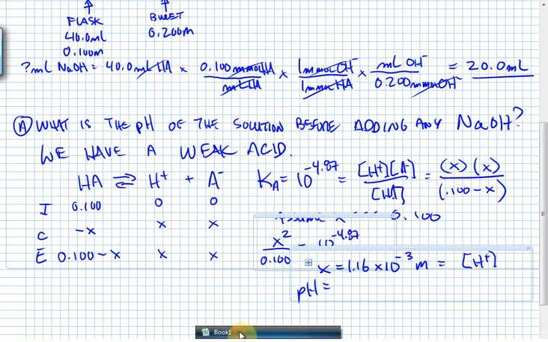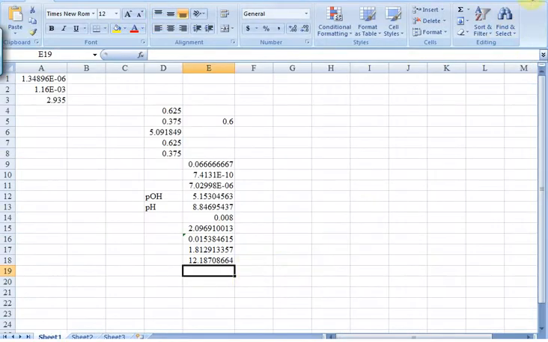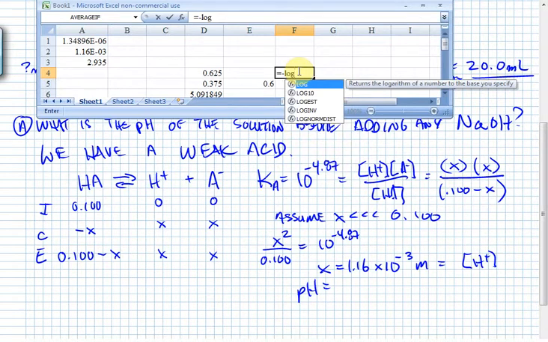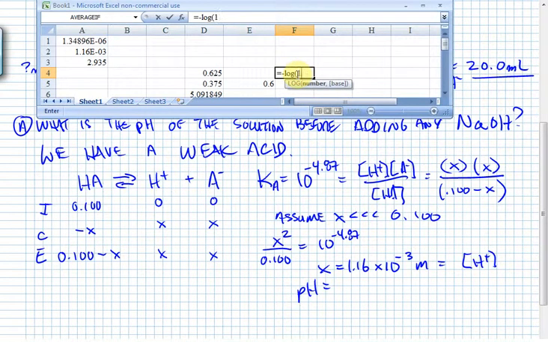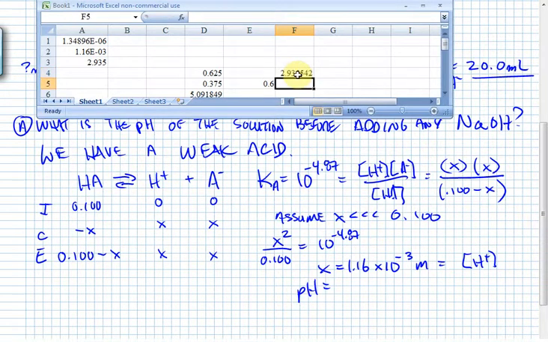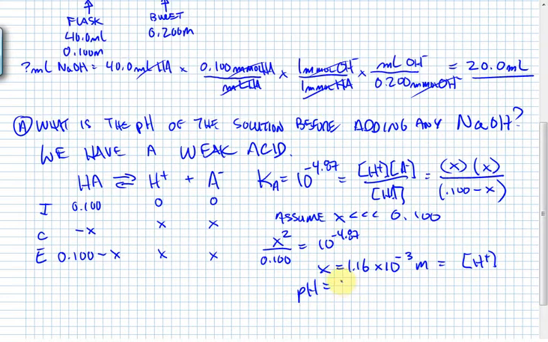Negative log. 2.94. So the pH of the solution initially is 2.94. So our initial pH point, before we've added any sodium hydroxide, is going to be 2.94.